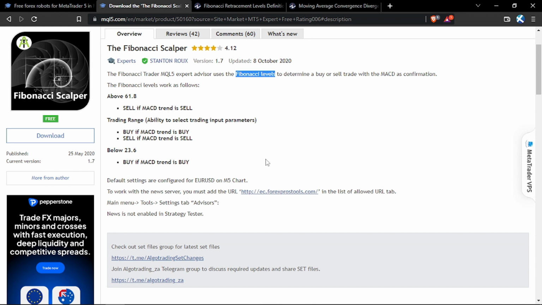It is also recommended to use it on the Euro USD on the 5-minute for the default settings. Other resources that are available for this expert advisor: we have a Telegram group for set files, and also a Telegram group to discuss the required updates and share set files.